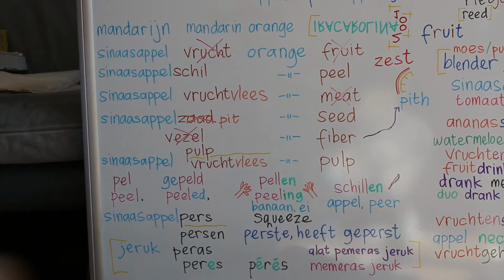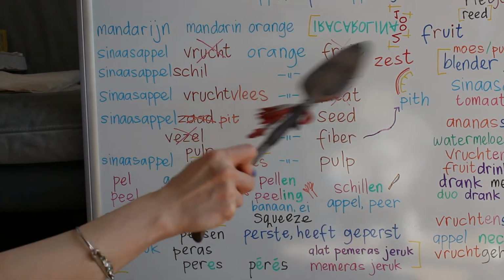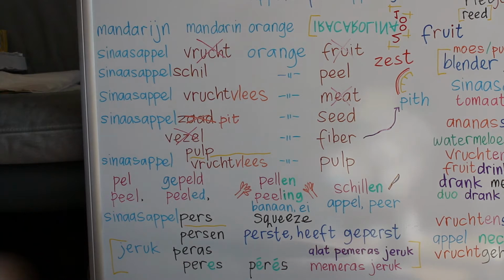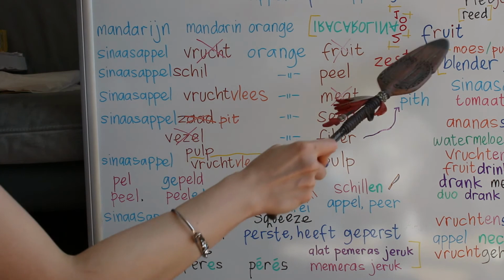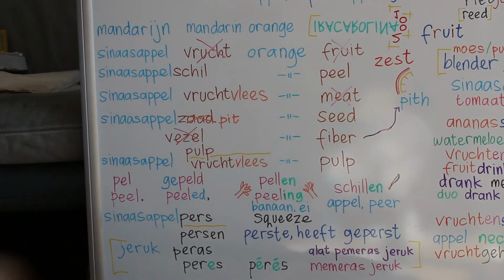It has leaves, it has the stem, and it also has the fruit. In that case, we call it vrucht. But this one is for fruit and vegetable, so fruit.